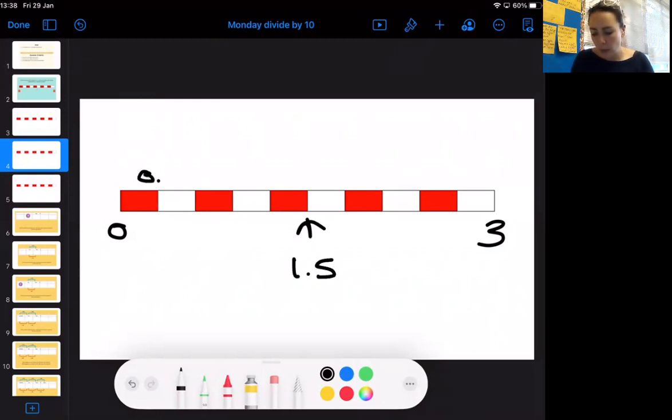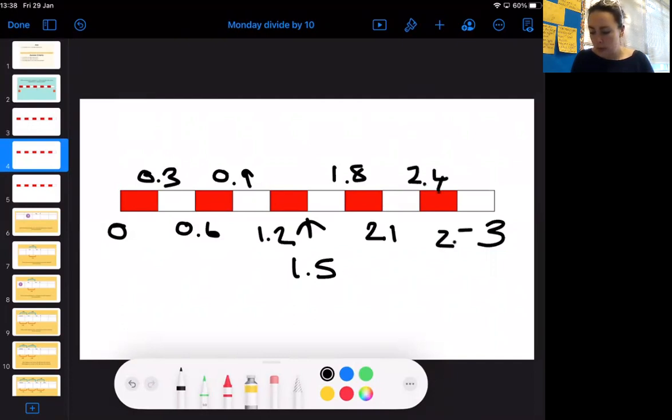So it's 0.3, 0.6, 0.9, 1.2, 1.5, 1.8, 2.1, 2.4, 2.7 and 3.